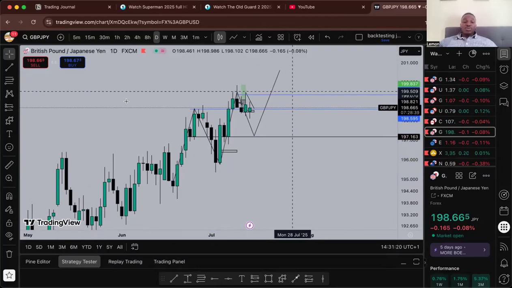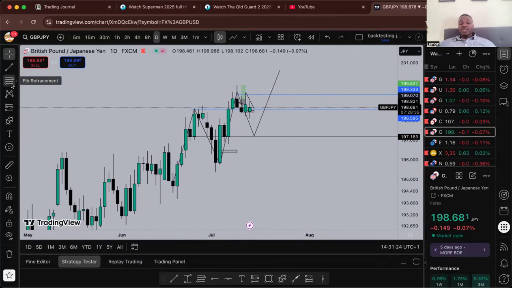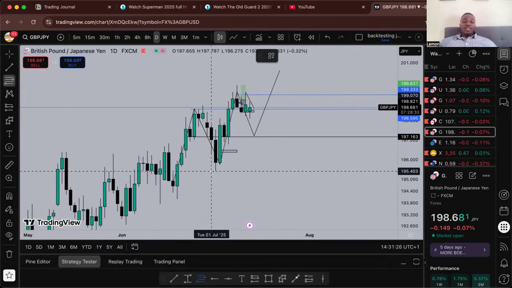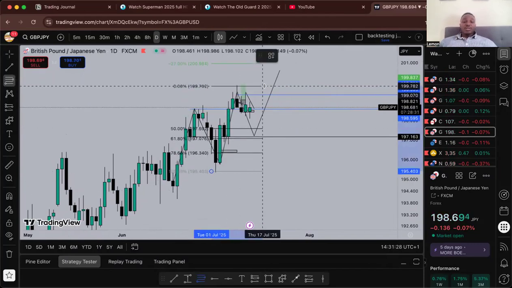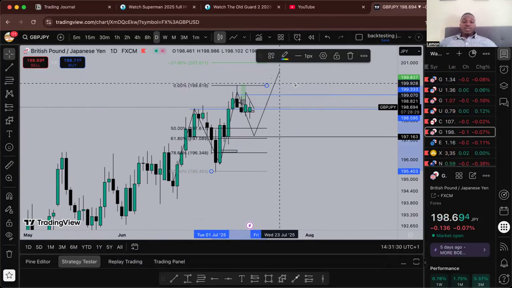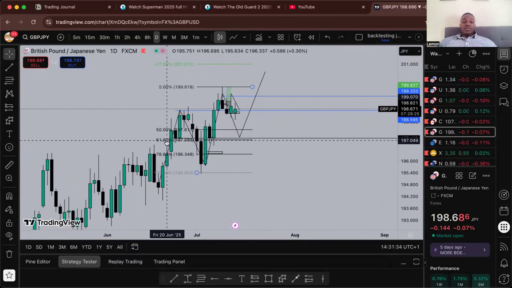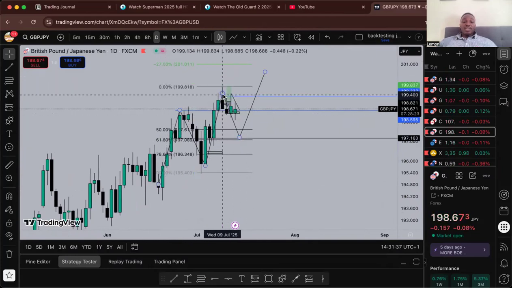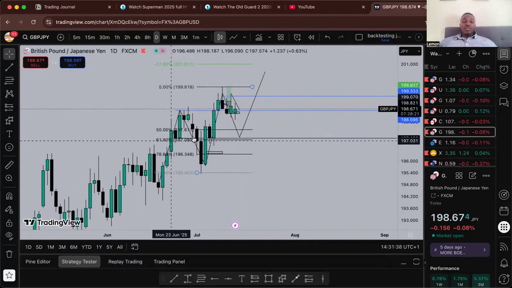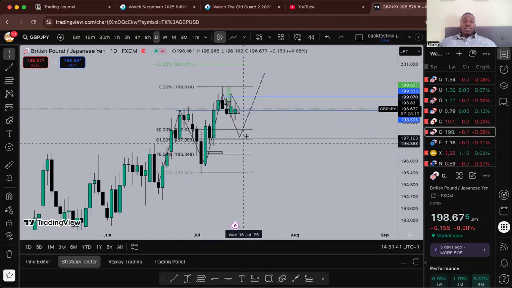So let me show you something. Because I love using Fibonacci for extra confidence, if you use the Fibonacci from point A to point B, then you see how this trade is going now. 61.8% zone, that's our golden zone. So market needs to come to this 61.8% zone for us to get our retracement.